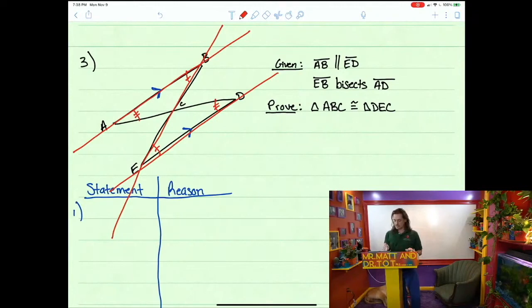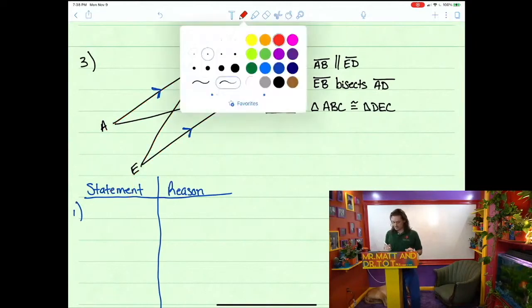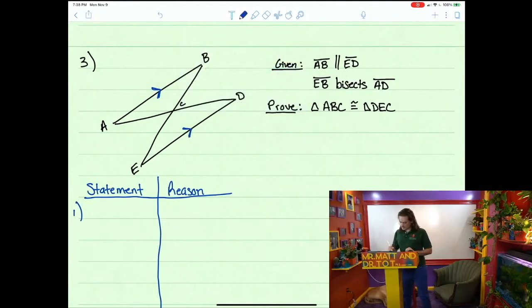So the first statement is the given that line segment AB is parallel to line segment ED.